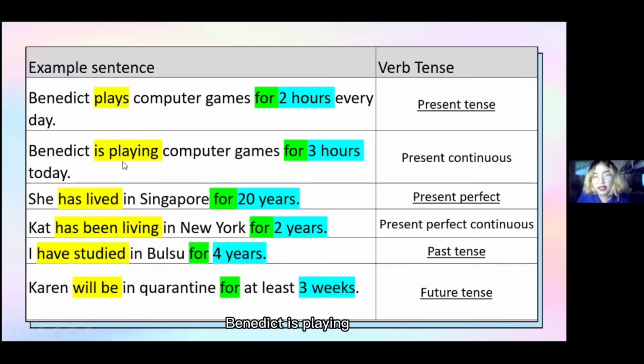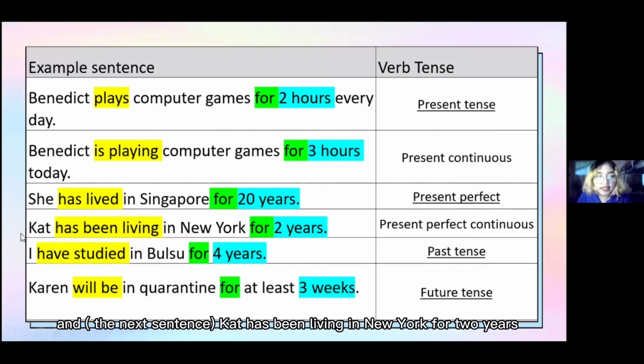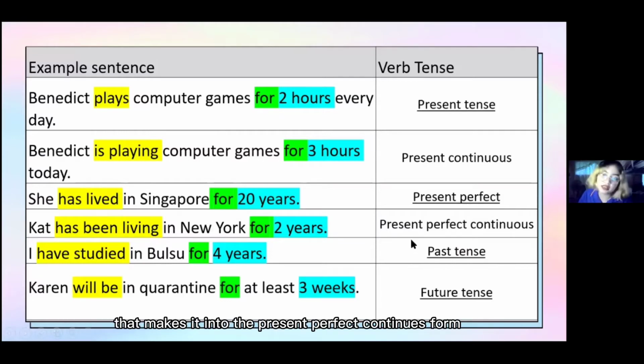Benedict is playing, in the present continuous form, computer games for 3 hours today. She has lived in Singapore for 20 years, in the present perfect. And Kat has been living in New York for 2 years. Has been living makes it a present perfect continuous tense.